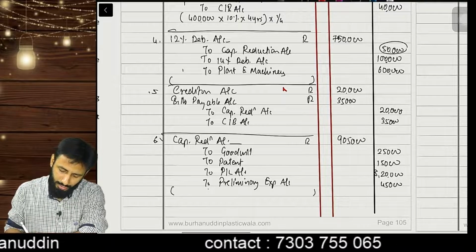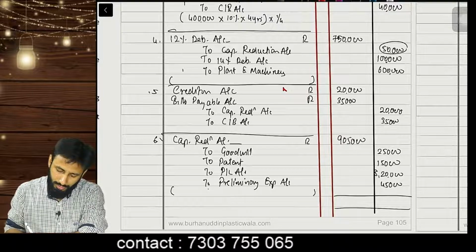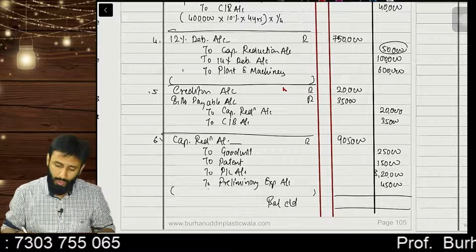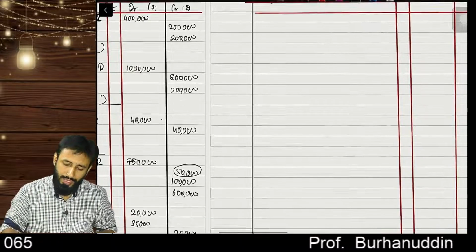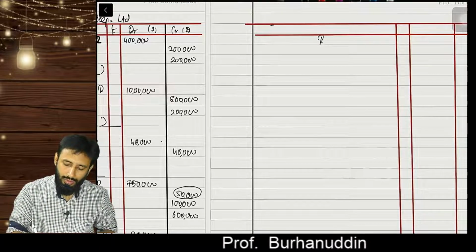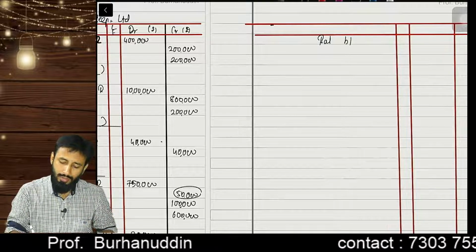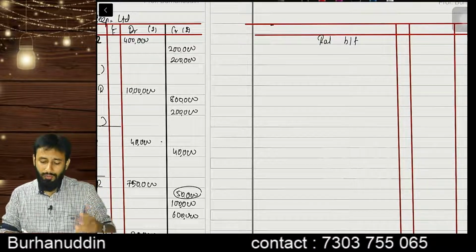Guys, narration. And whenever the page ends, you're going to take a total balance carried down, balance brought down in your ledger, and in journal it is carried forward and brought forward.